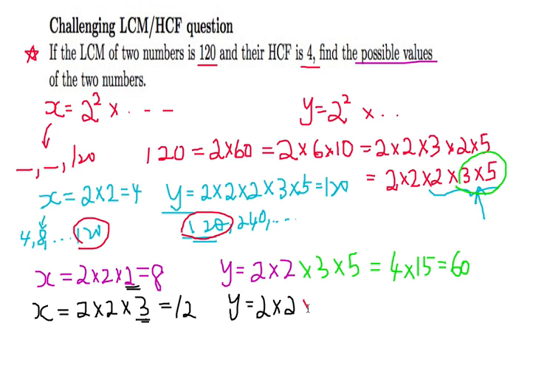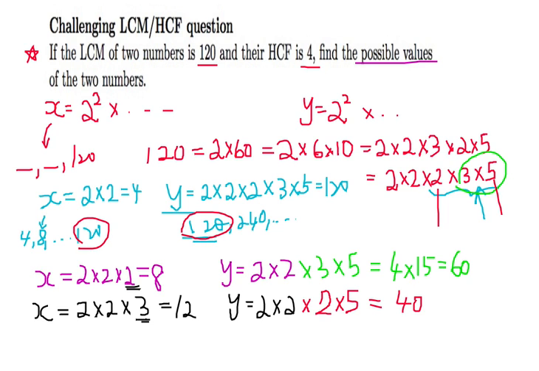I can't put 3 in, if not, it will be 12, and then both of them will have a common factor, so the highest common factor will be 12. So it's not possible to put 3 in. So I can only add 2 and 5 in, which gives us 40.